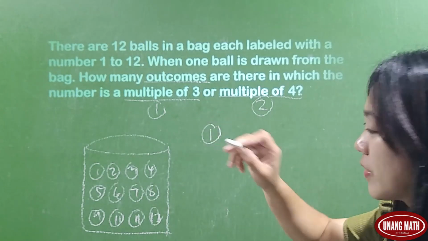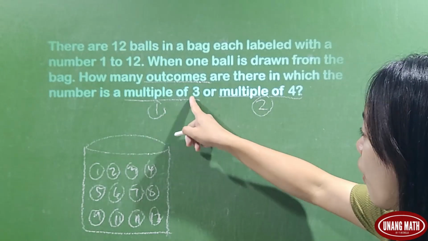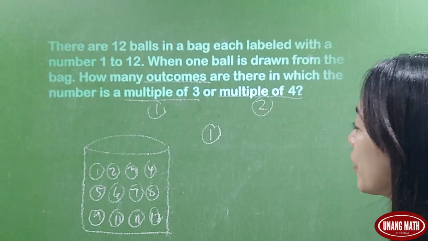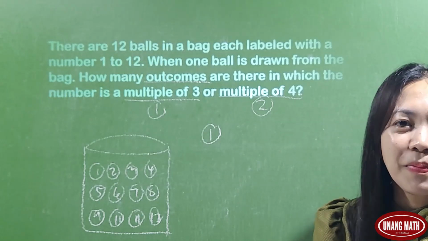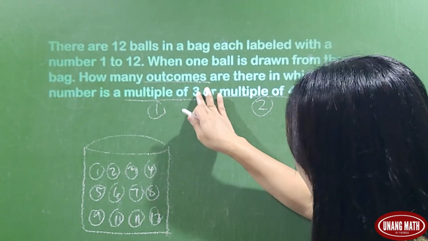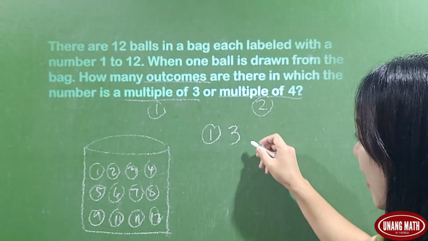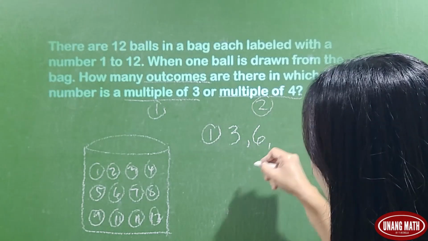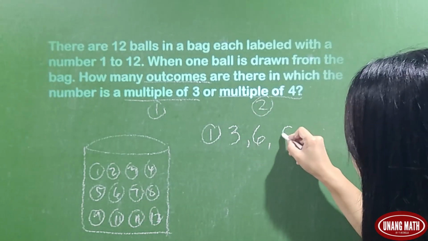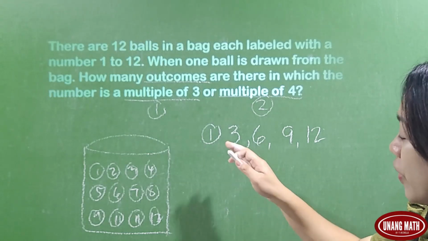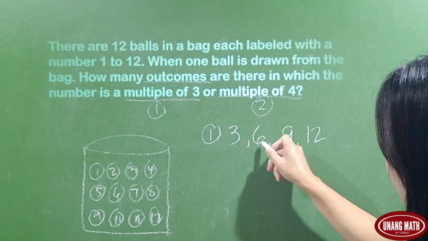So, first event, multiple of 3. From numbers 1 to 12, what are the numbers that are multiples of 3? It starts with 3. Okay, next would be 6. Next would be 9 and 12. So in the first event, we have 1, 2, 3, 4.